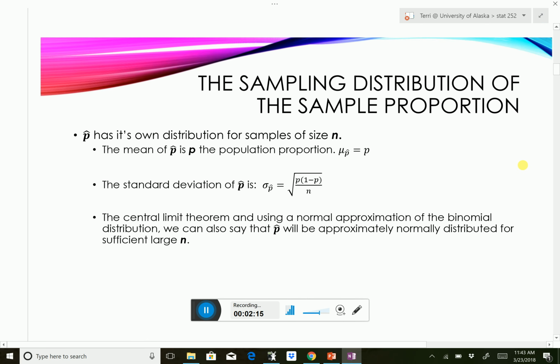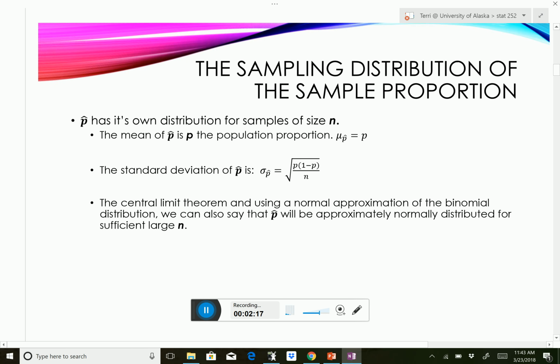Of course, every sample statistic, including p hat, has its own sampling distribution. So now, instead of talking about sample means, we're talking about sample proportions having their very own distribution. And the mean of our p hat is our true p, our population proportion.